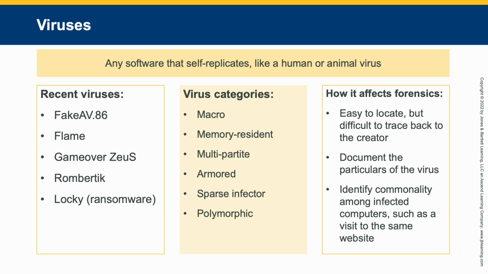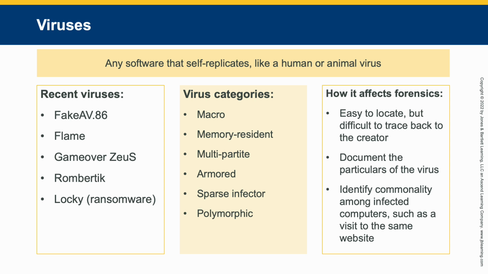A virus is any software that self-replicates like a human or animal virus. Examples: Fake AV, Flame, Gameover Zeus, Rombertik, and Locky, which is a ransomware. Virus categories are macro, memory resident, multipartite, armored, sparse infector, and polymorphic.